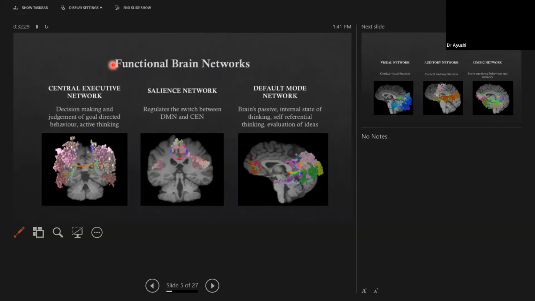So this DMN is required for the normal maintenance activity of the brain, जब हम काम नहीं कर रहे हैं, making it ready to move back into activity.